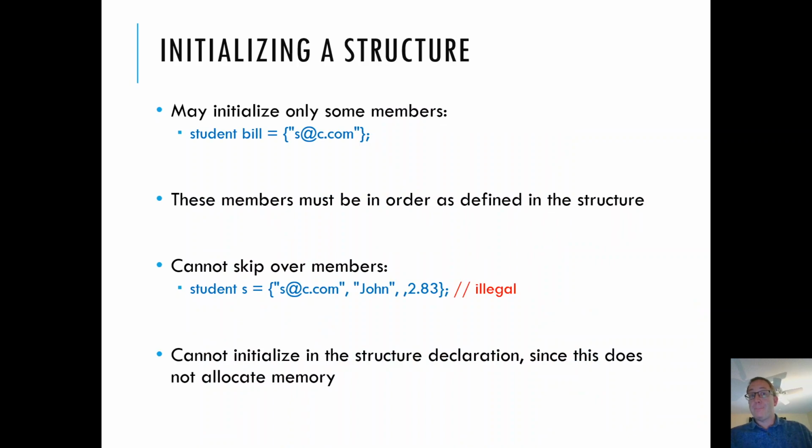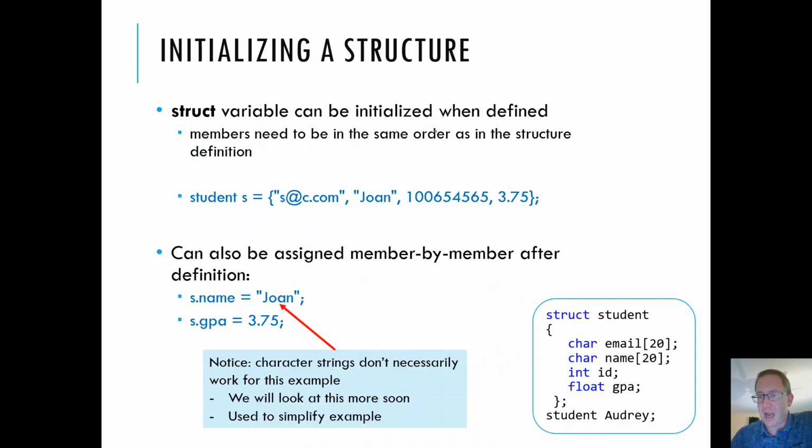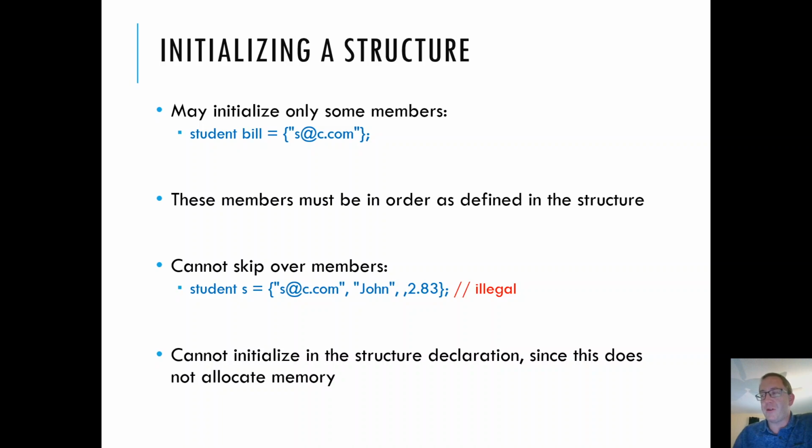Okay. I could also just initialize some of the variables. If I just put in the first field, or the first and the second field, I'm fine. I will only initialize the first and the second field. It's done in the order in my structure, so it'll go email, then name, then what's the other field? Then ID and then GPA. So if I add 3 fields in a row, it needs to be email, name, and ID.